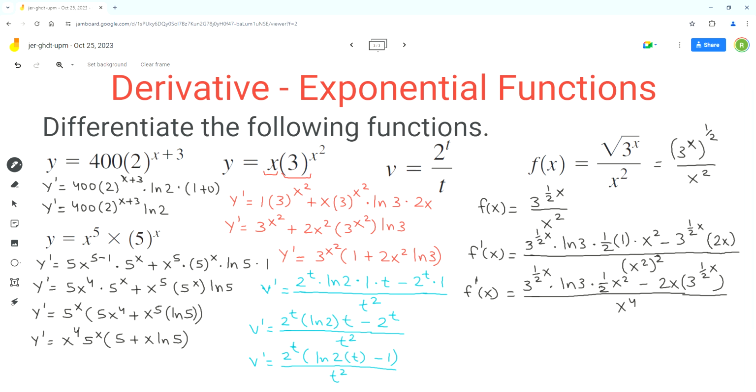Now we can simplify this expression by doing common factoring in the numerator. So in the numerator, we can factor out 3 to the power half x and then x from both terms.